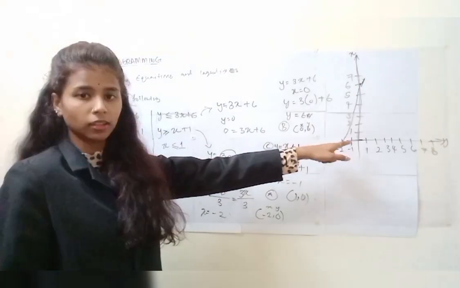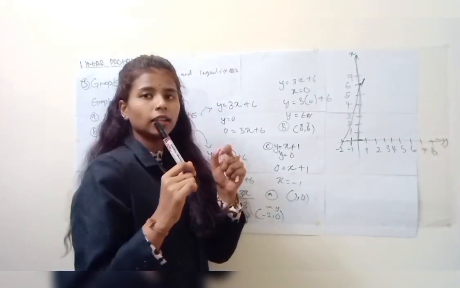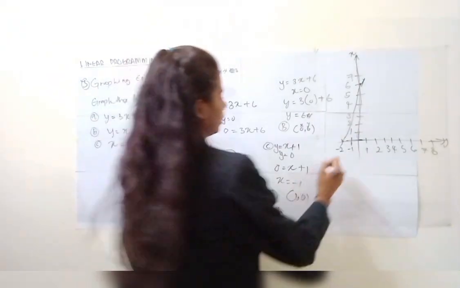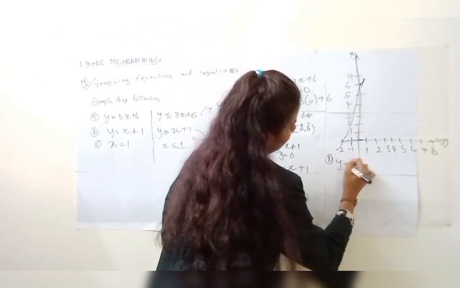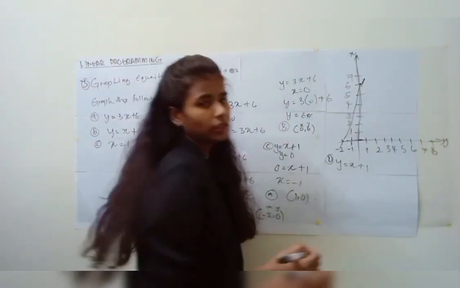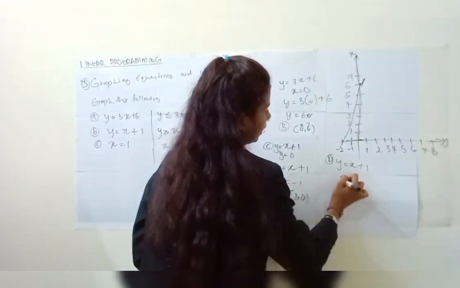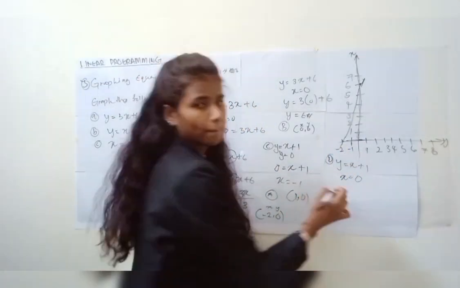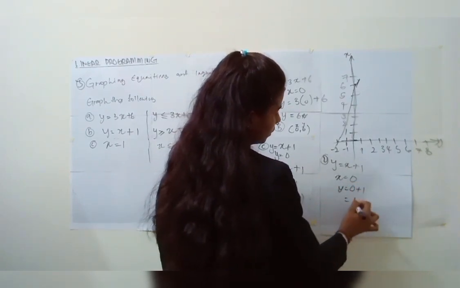You must plot here later, and then we now search for the D, the second one. So y is equals to x plus 1. x equals to 0, y equals to 1.